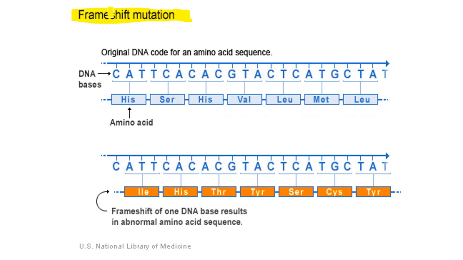So what happens is that our ribosome might, for one reason or another, skip the first base here, which should normally lead to the incorporation of histidine, the CAT here, right?